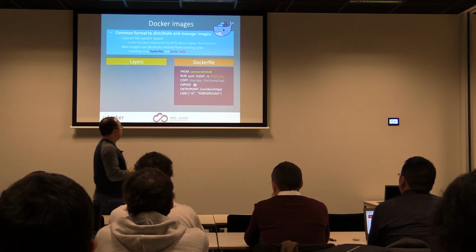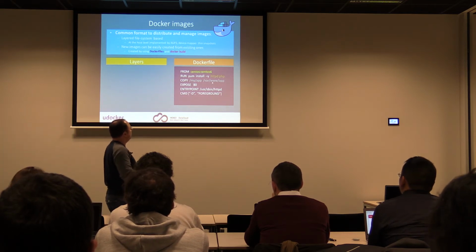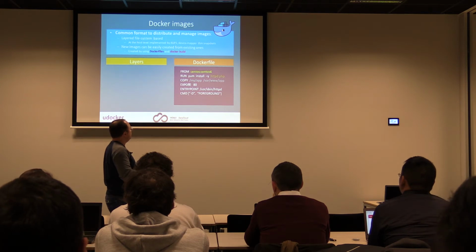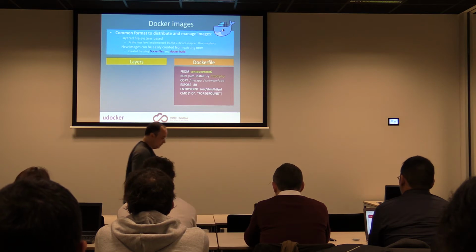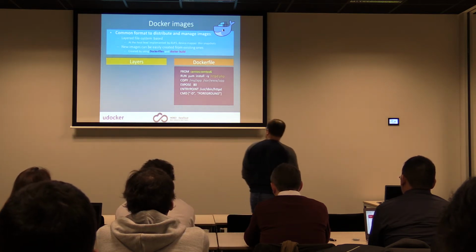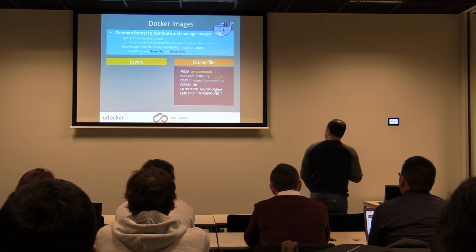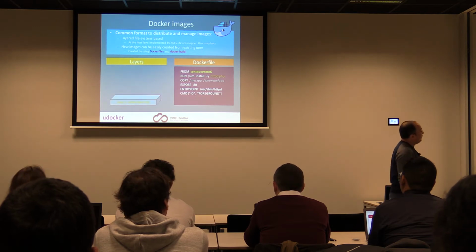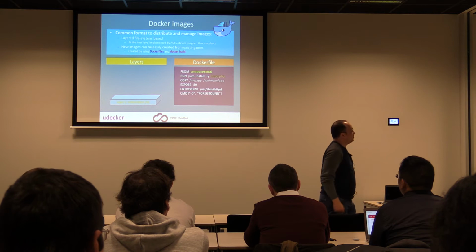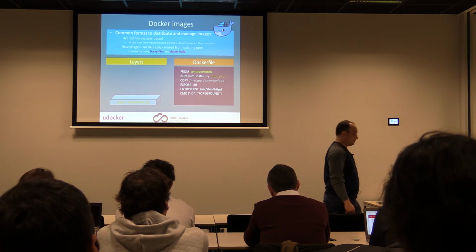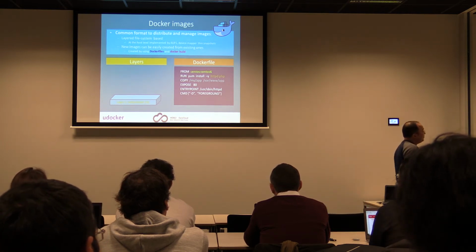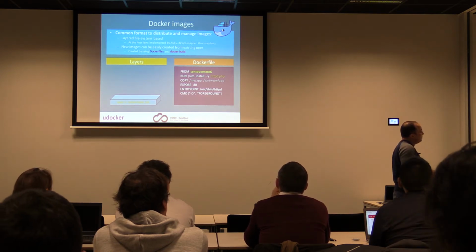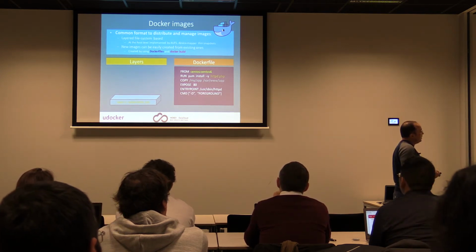You copy data from your host to the image, and then you define what you are exposing. For instance, here you are exposing the HTTP port, and then you say which is the binary that you will run, or the application, for instance. And the interesting thing about Docker images is that they are layered. So the first line, you will build the first layer.